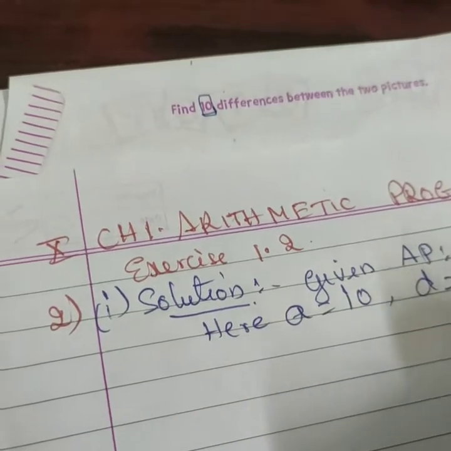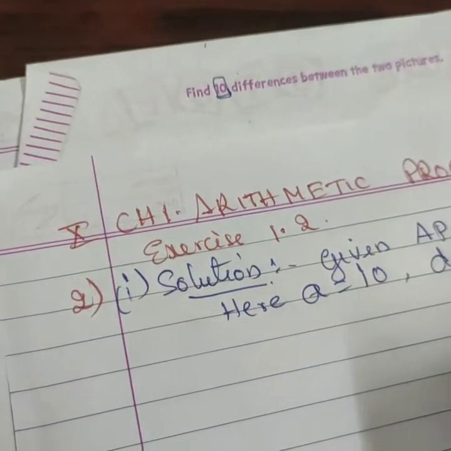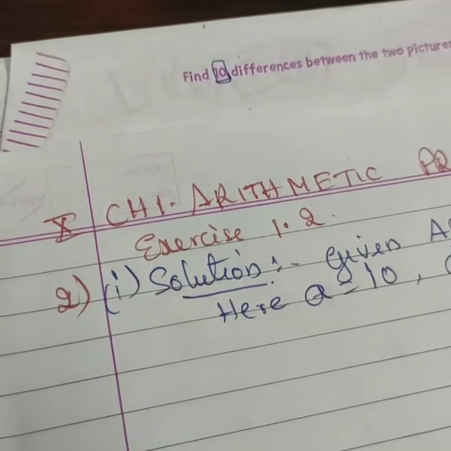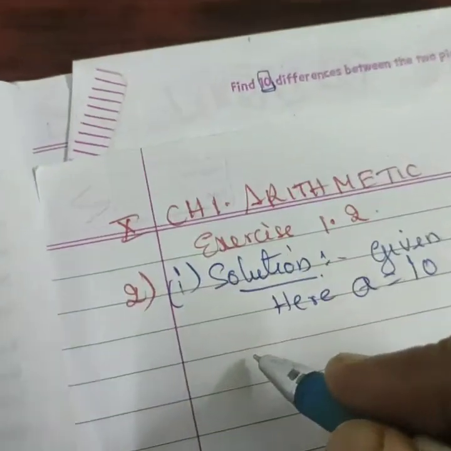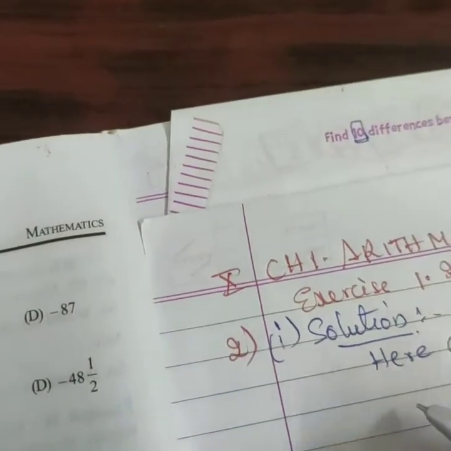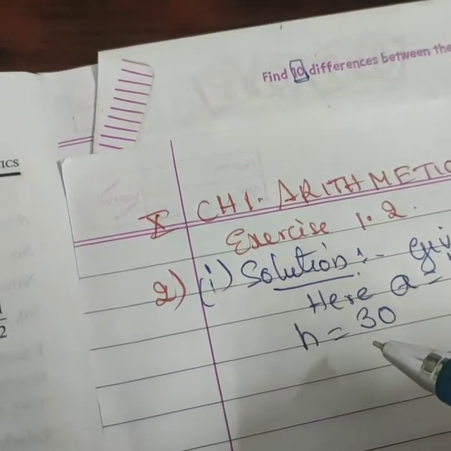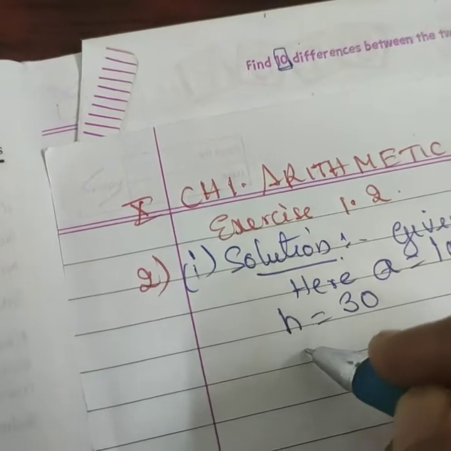We check the other one also, that is 4 minus 7, which is minus 3. Therefore d is equal to minus 3. And what is n? They told us we need to find the 30th term, so n is equal to 30. So we know a, we know d, we know n, and we have to apply them in the formula.